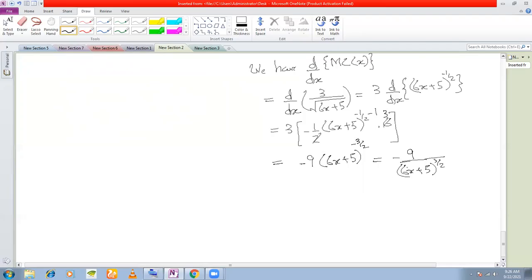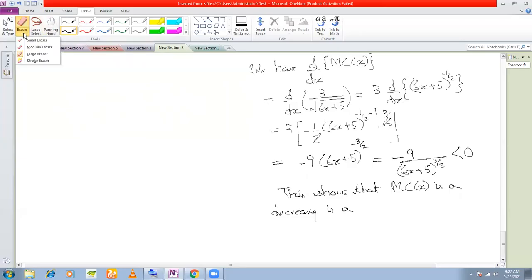Now since x is positive, 6x plus 5 will be positive, and 6x plus 5 to the power of 3 by 2 will always be positive. That means, because there is a negative sign here, this will be negative. So this shows that MC(x) is a decreasing function for all values of x.